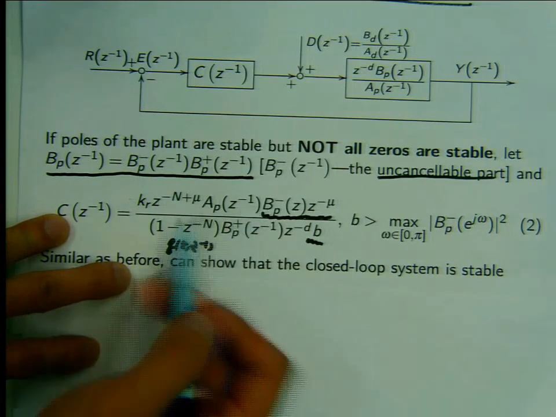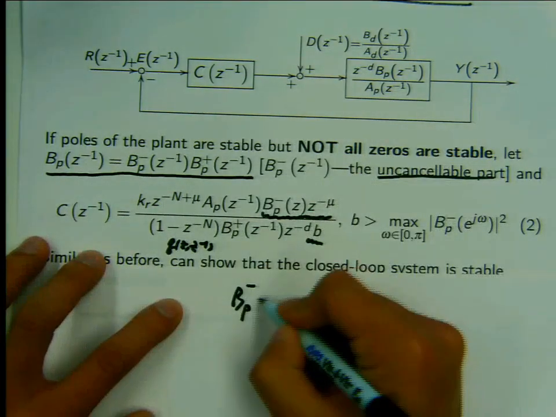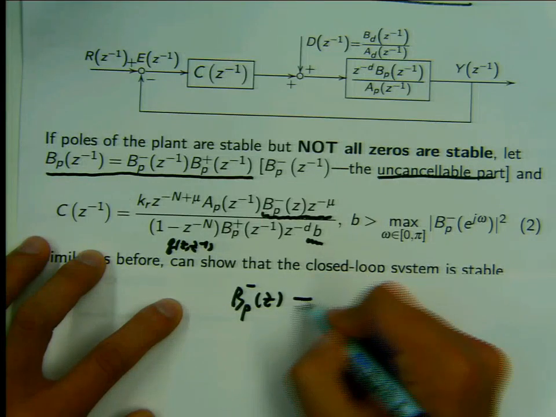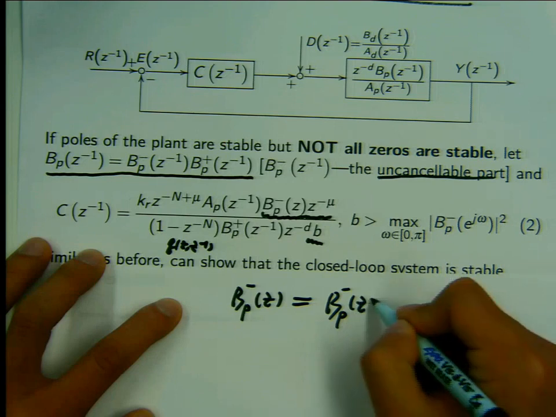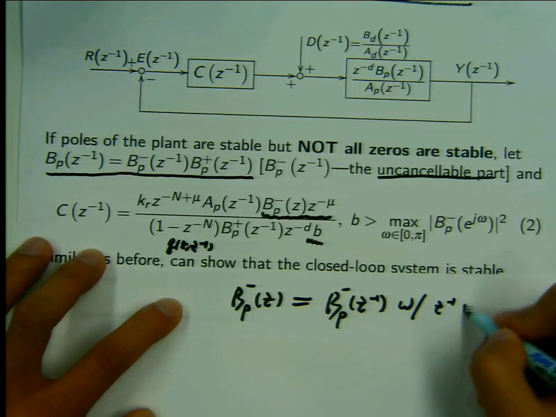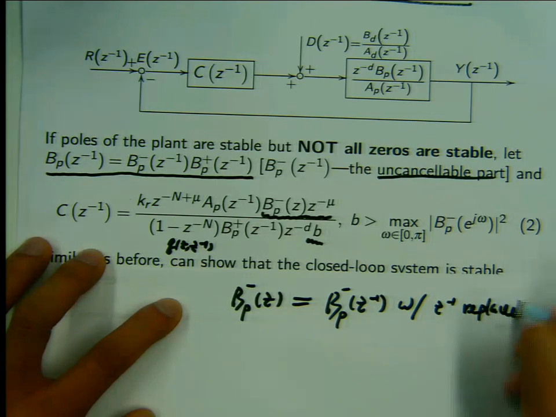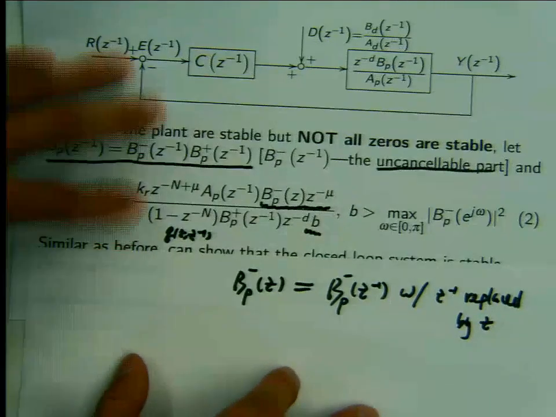My notation is still going to be BP inverse z is equal to BP z inverse with every z inverse replaced, just a review, replaced by z. That's the notation we used from last time.